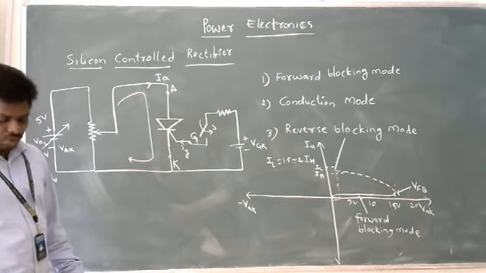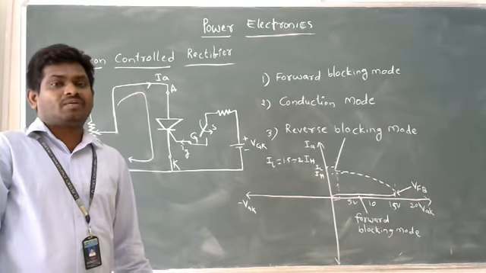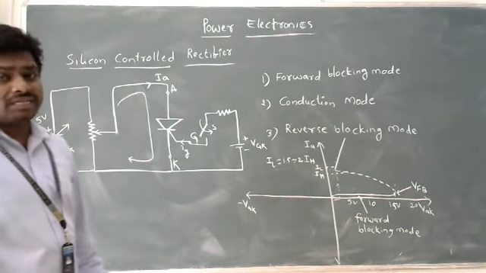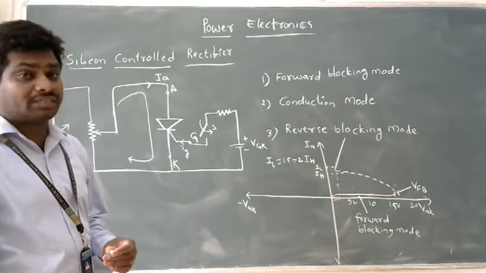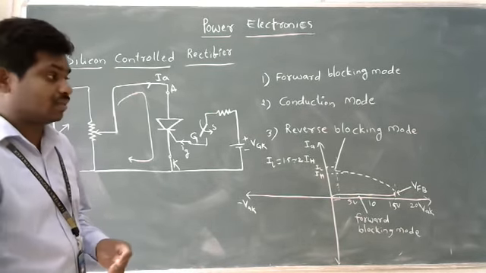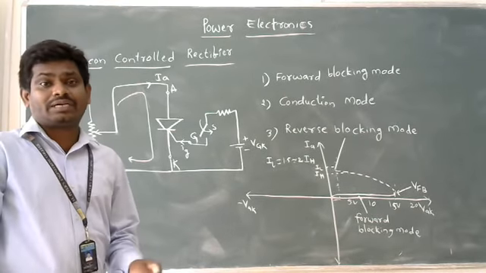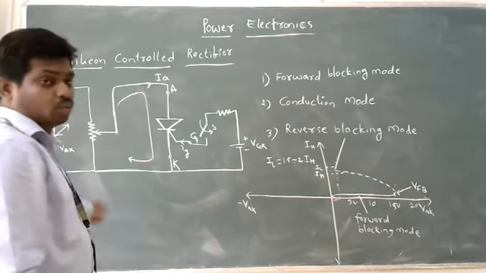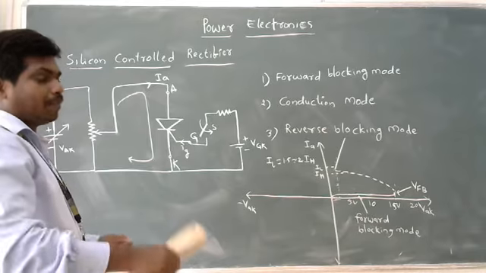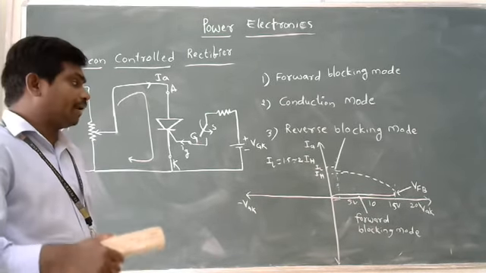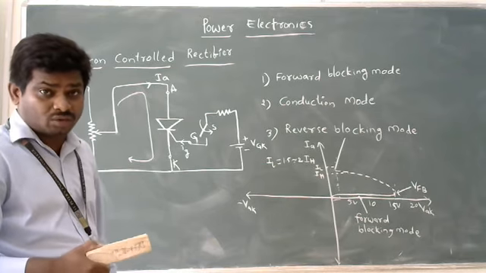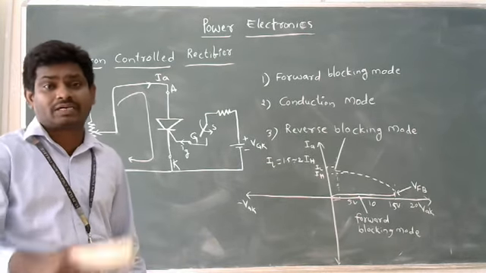Therefore, what exactly goes on inside the device is, when you apply the forward bias, J1 and J3 junctions are forward biased, but the J2 junction, the middle junction, is in reverse bias. To break the J2 junction, this is all we do. Only after applying the forward breakover voltage is the J2 junction going to break down.